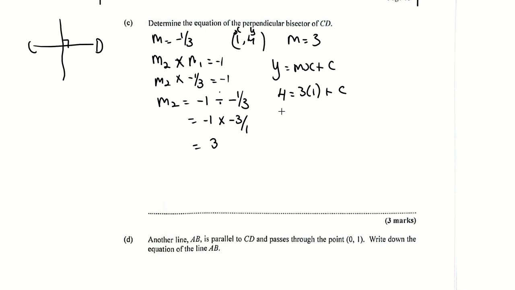I want to solve for c, so that's 4 = 3 + c, so c = 3 minus 4, so c = negative 1. So my equation for my perpendicular bisector would be y = m, which is 3x, negative 1. And that would be my answer for this.